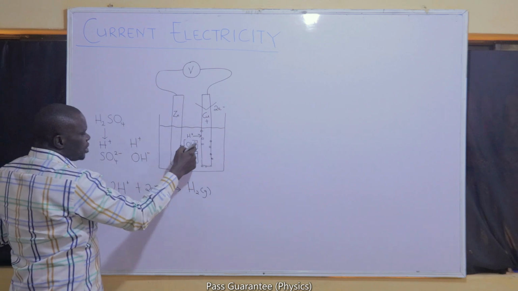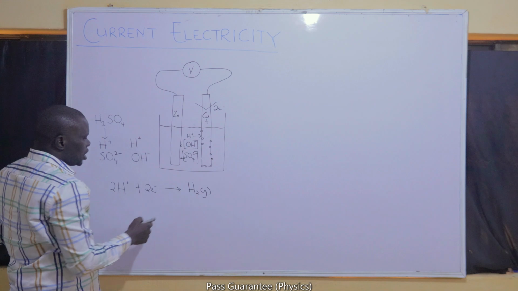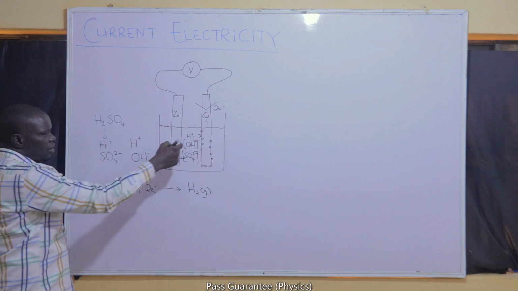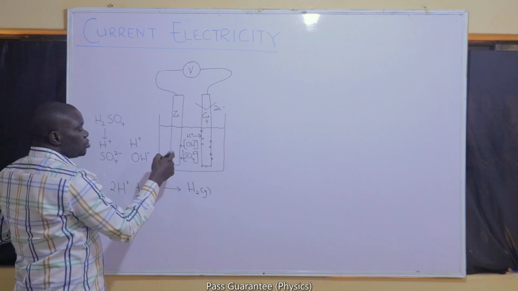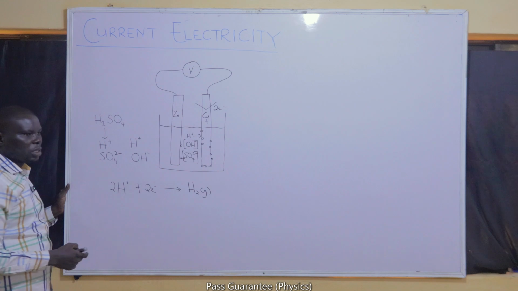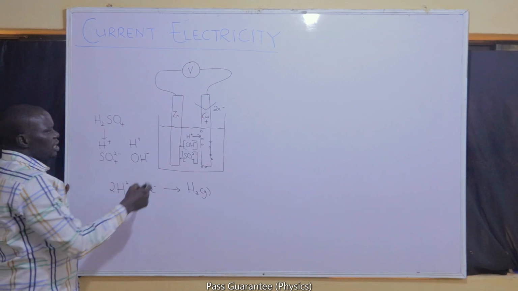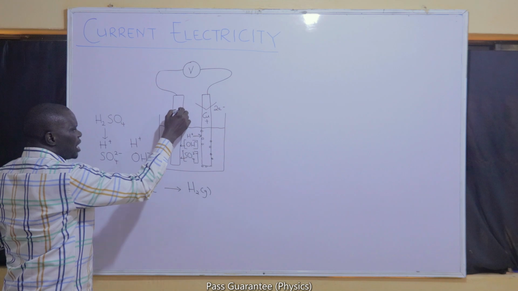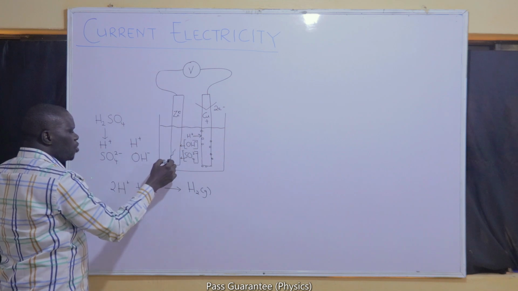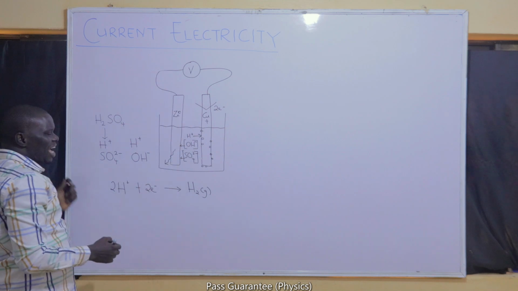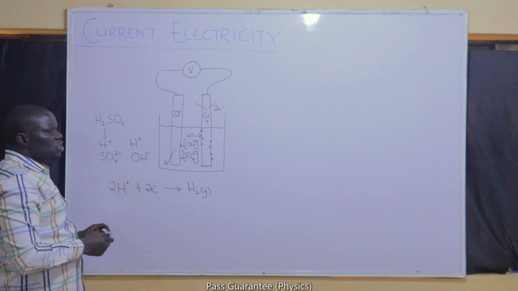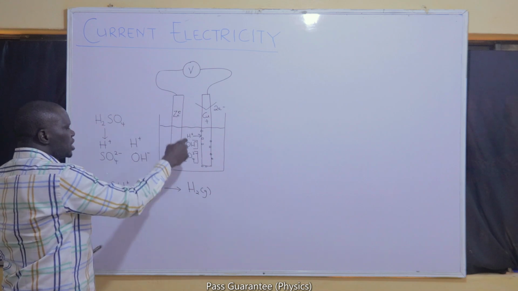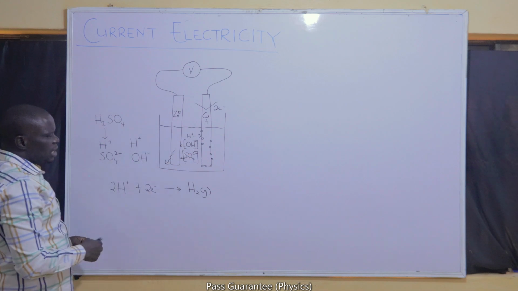So when OH minus and SO4 come to the zinc electrode, we expect either of the two to be discharged, but that will not take place. What will rather take place is that zinc on its own, remaining as metal, will prefer to go into the solution. It has a higher potential of going into the solution than to discharge any of OH minus and SO4.